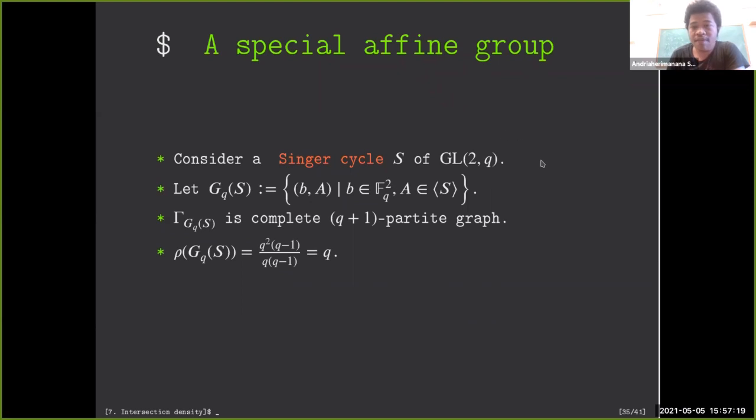And we have a very special subgroup in the affine group that gives us a complete multipartite derangement graph. It comes from a singer cycle, which is an element of order q squared minus 1 in GL_2(q). From this group, we have a complete (q plus 1)-partite graph, and its intersection density is equal to q.